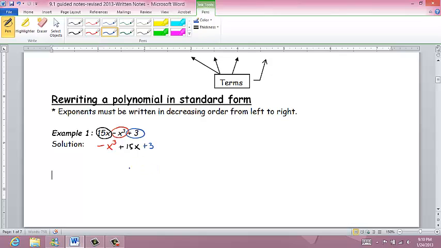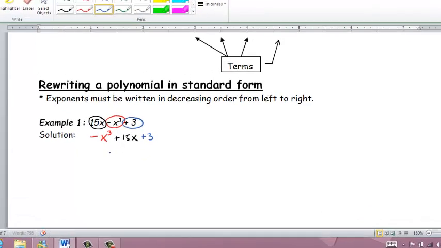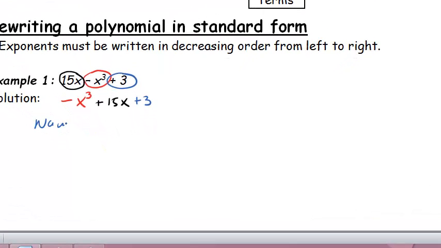Just, you know, refresh our memories. We would call this, how would we name this by the number of terms? Well, how many terms do we have? Well, we have 1 term, 2 terms, 3 terms, and a polynomial with 3 terms is known as a trinomial.